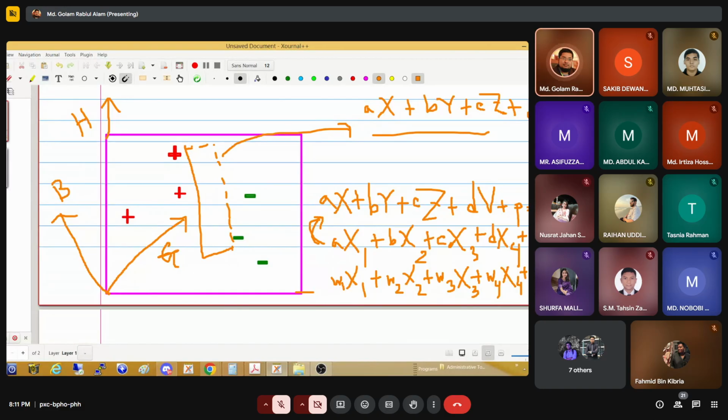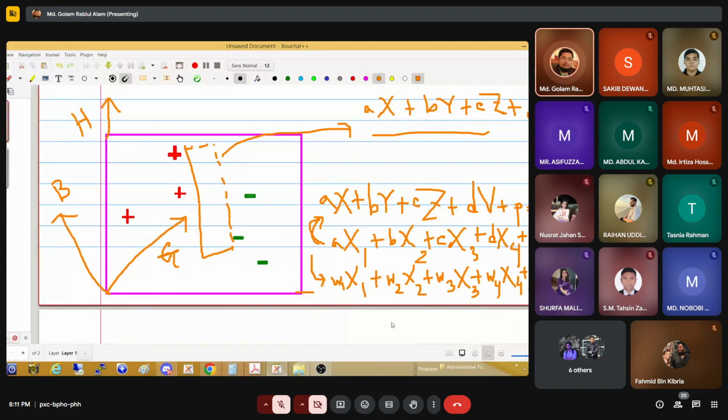Okay, so w1 x1, w2 x2, w3 x3, w4 x4 plus b equals 0. So that means this is the equation of a hyperplane.